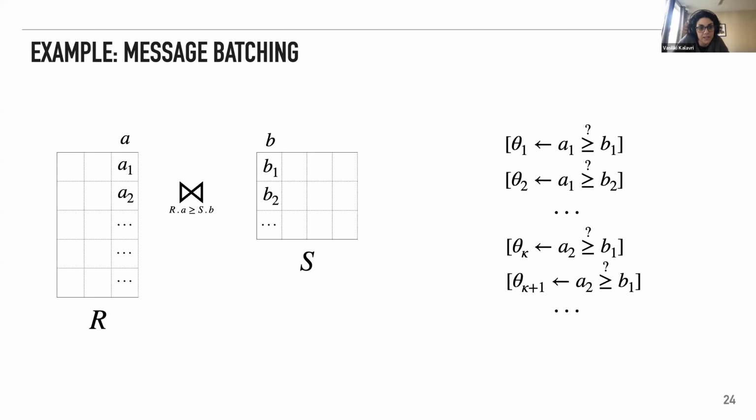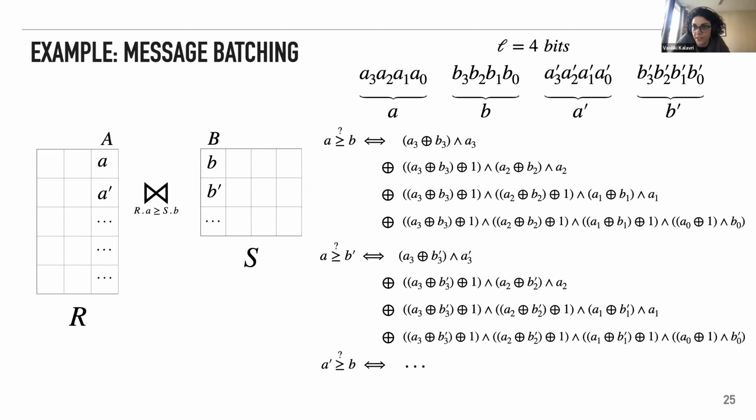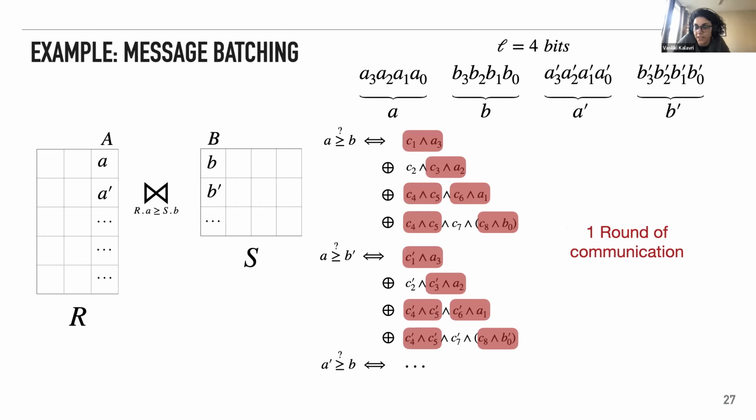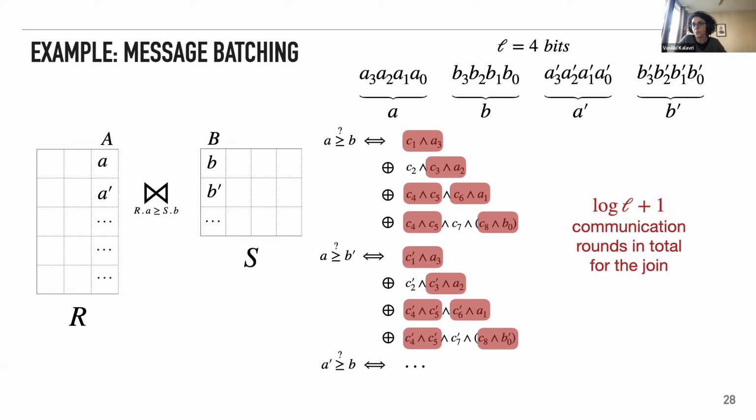For instance, if we want to do an inequality join, we have to compute this very long formula that I showed before for every pair of A and B. But in Secrecy, we can find all the independent local operations and perform them in bulk, then find all the independent logical AND operations and again perform them as a batch, which means that we can perform the entire join with log L plus 1 communication rounds in total, independent of the number of rows in the input relations.